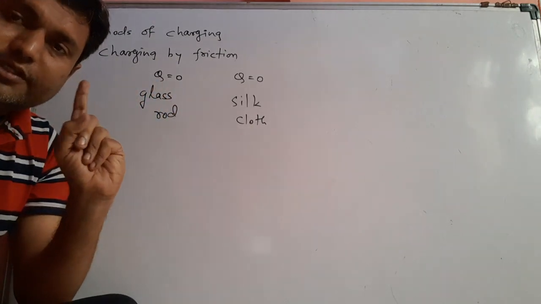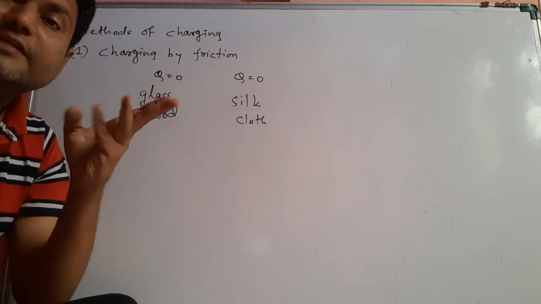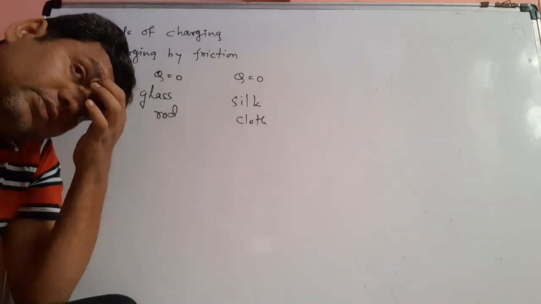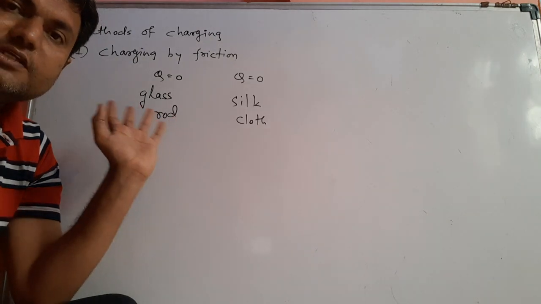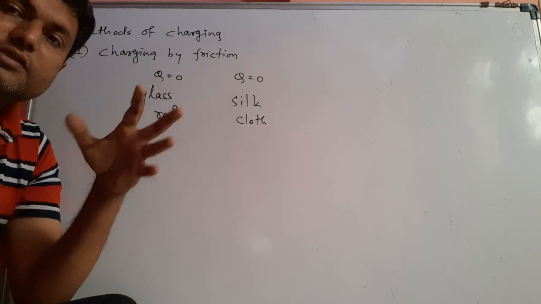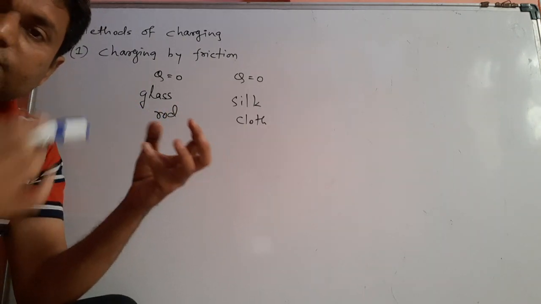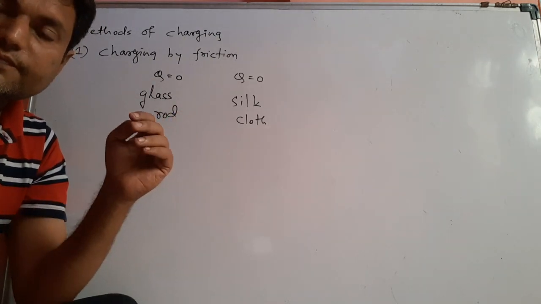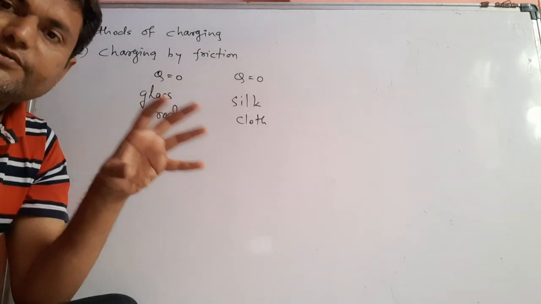Out of the two bodies, any one body loses electrons. Why does it lose electrons? Because both are different bodies, so in the atoms of these two, the interaction of the outermost electron with the nucleus will be different, because the material is different and so its characteristics or properties are different.